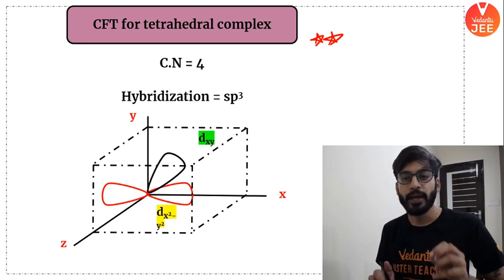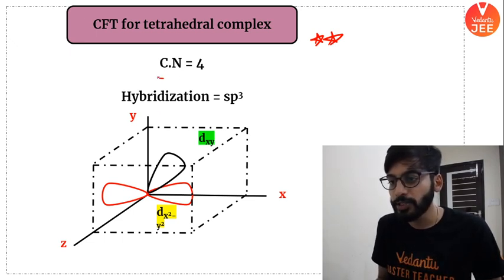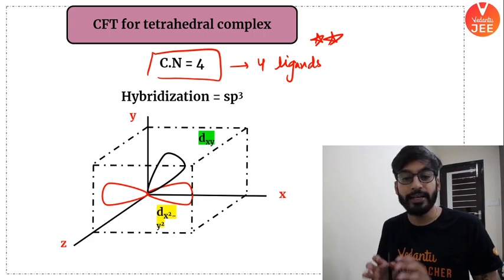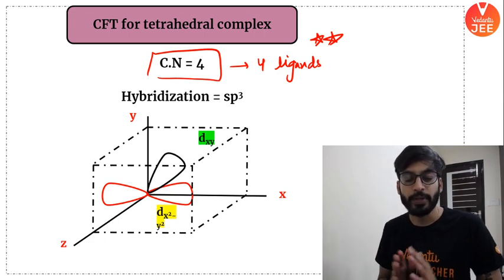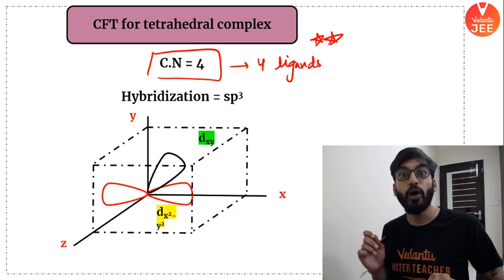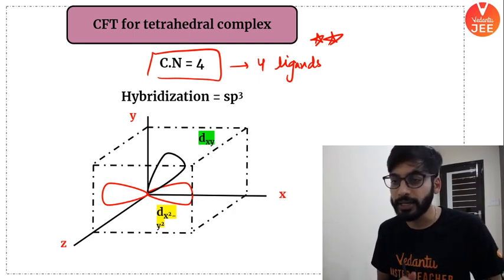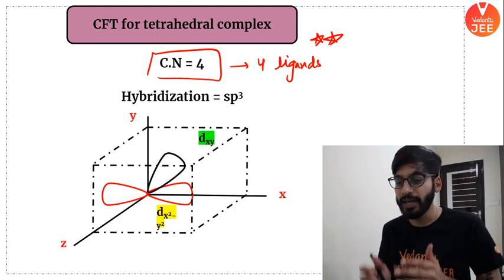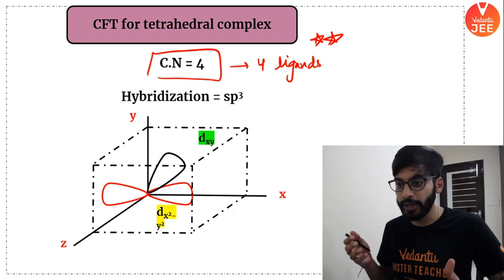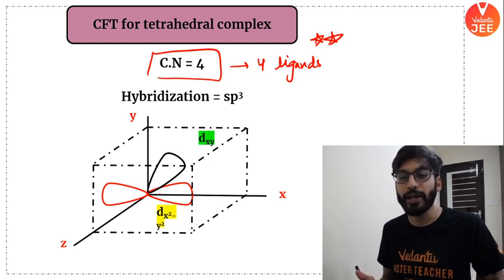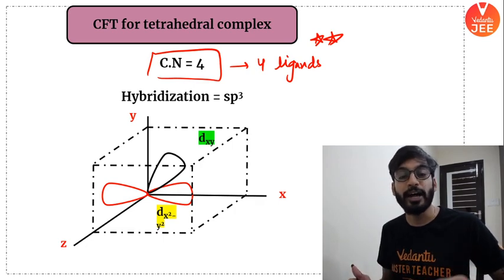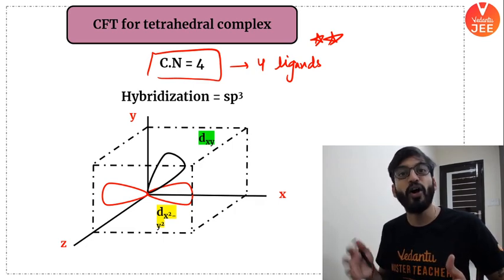In tetrahedral complex, coordination number is 4. It means there are 4 ligands. Now, how these ligands will approach the system, let us understand. The ligands will come from alternate axis. Basically, 4 ligands will come from 4 different directions, and they will be coming from alternate axis.